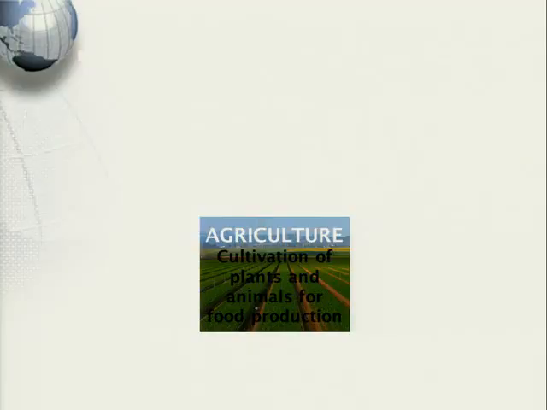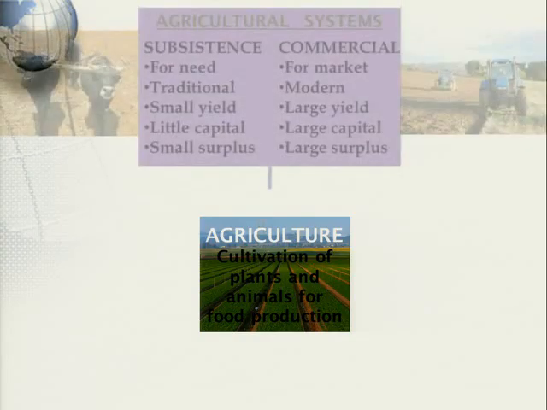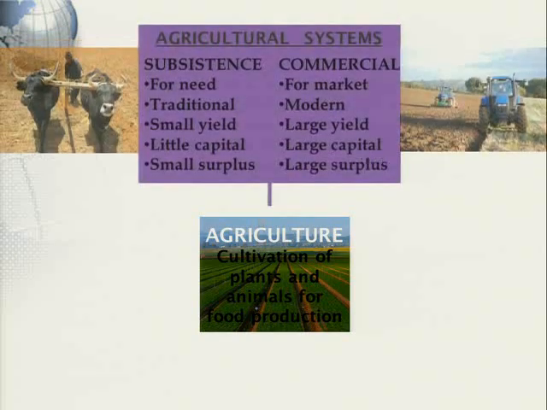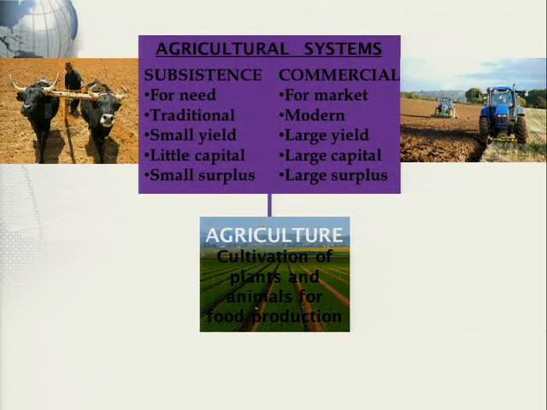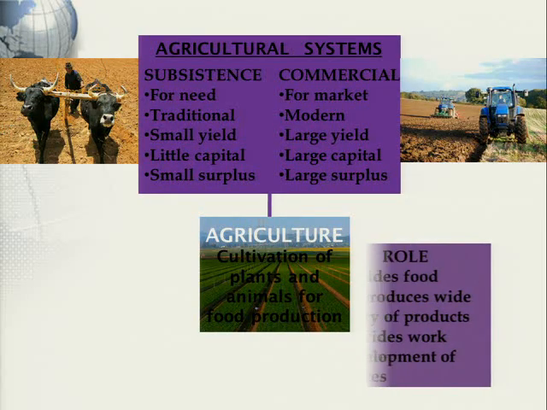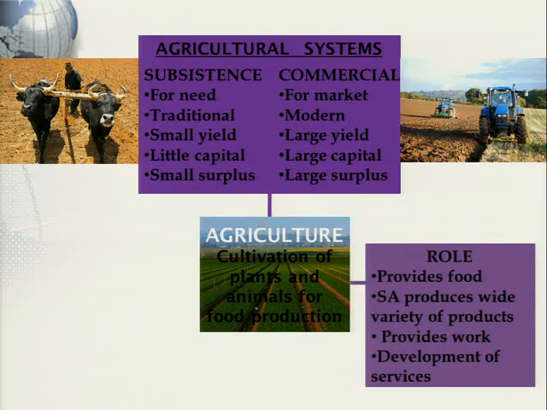Now, what is the importance of agriculture in the economy? What is this agriculture? We say agriculture means cultivation of plants and animals for food production. We have discussed subsistence agricultural systems and commercial farming, and then what is the importance of agriculture? The role of agriculture.